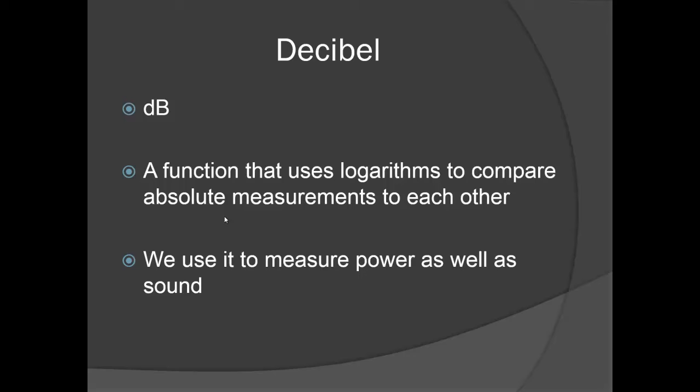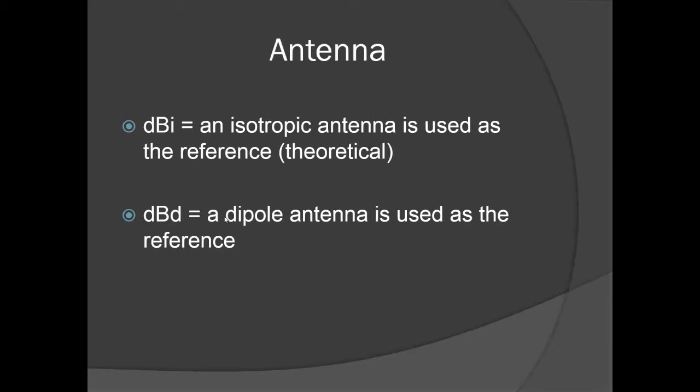So what they did was come up with 2 different measurements: dBi and dBd. dBi is a theoretical isotropic antenna where the signal and the power all come from the middle and radiate outward infinitely. So the measure of dBi is based on that.